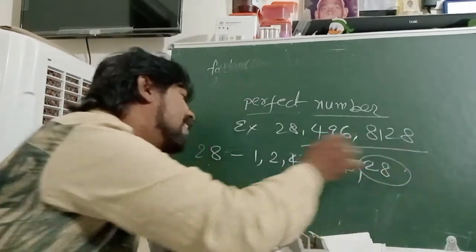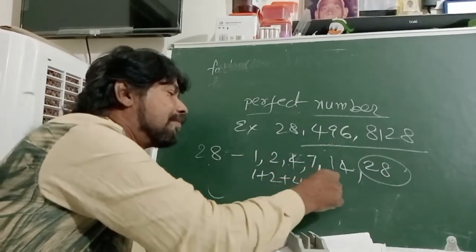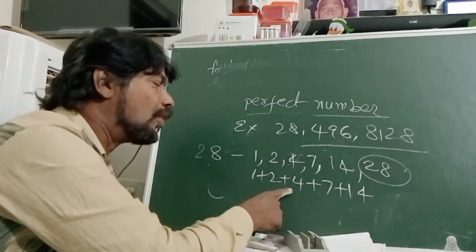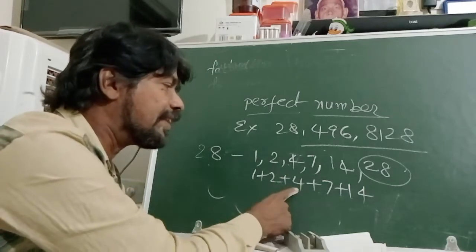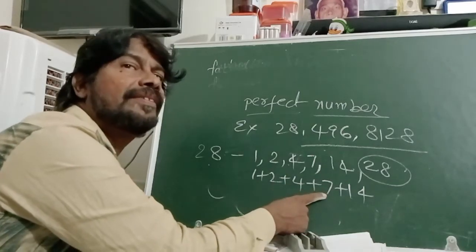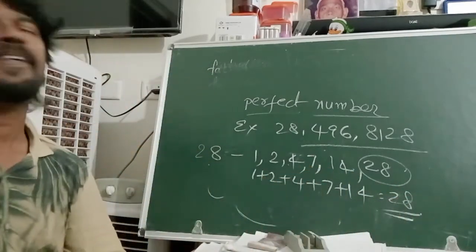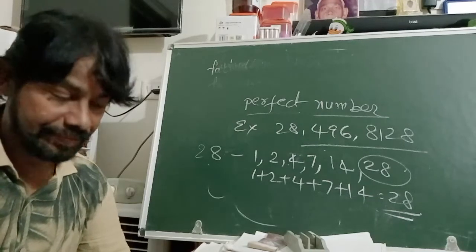Except 28, add all the numbers: 1 plus 2 plus 4 plus 7 plus 14. 1 plus 2 is 3, 3 plus 4 is 7, 7 plus 7 is 14, 14 plus 14 is 28. So 28 is a perfect number.